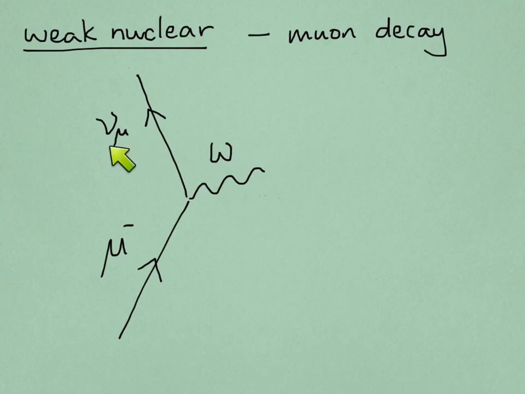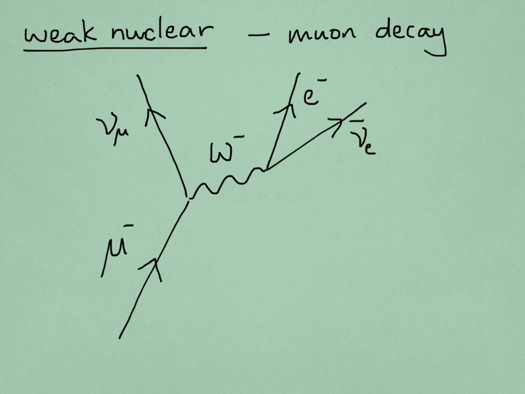The neutrino has no charge and the muon has negative charge, so the W boson has got to be negative to take the charge away. And W bosons decay into an electron and an antineutrino, so that's the same as beta decay, basically. Okay, so that's muon decay. That's another possible one you might get shown.